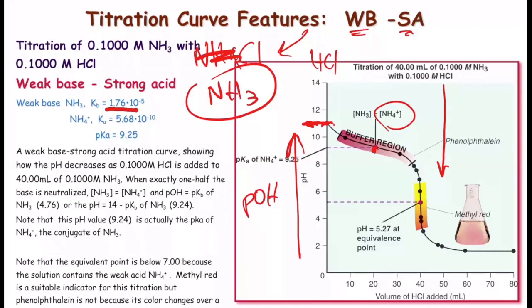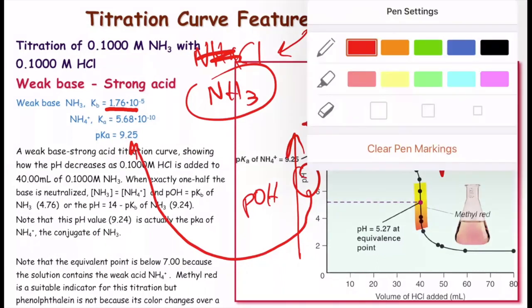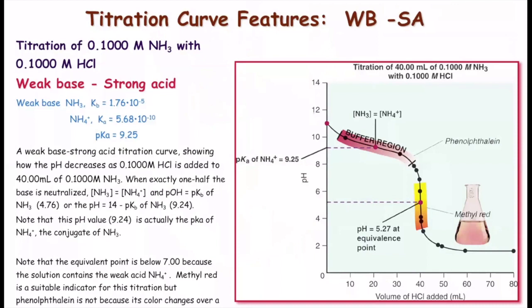But it's not a pOH scale, it's a pH scale. So you have to do the conjugate. And if you do the conjugate of Kb, you get 5.68 times 10 to the minus 10, and that's 9.25. And so if you look at this curve right here, that right there is about 9.25. Okay? Because this is a pH scale.